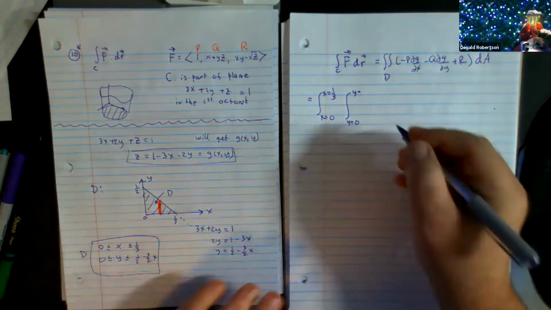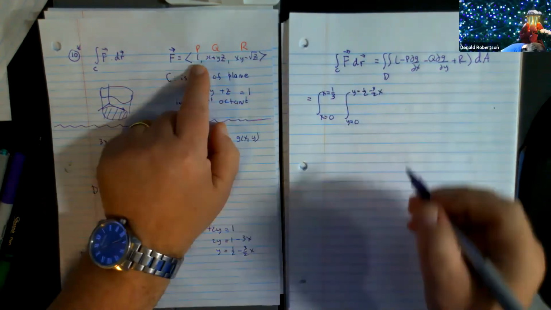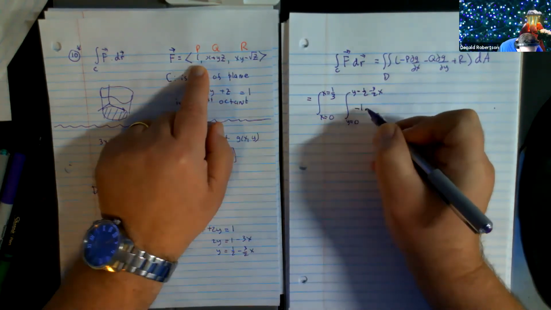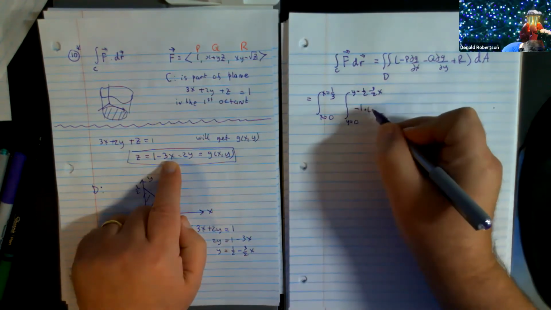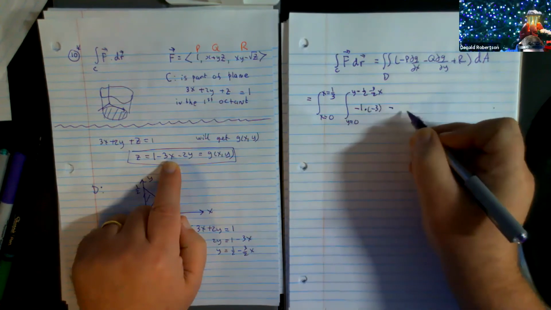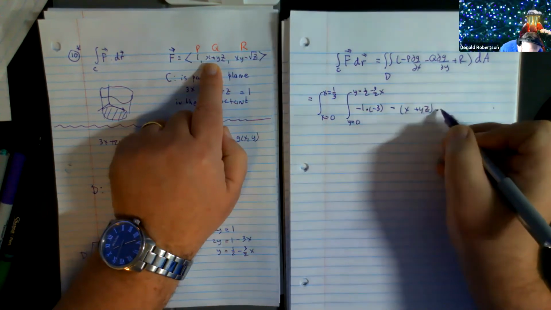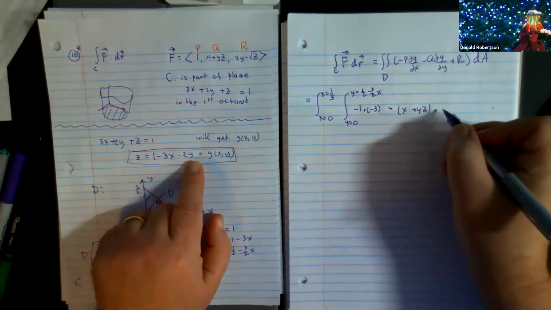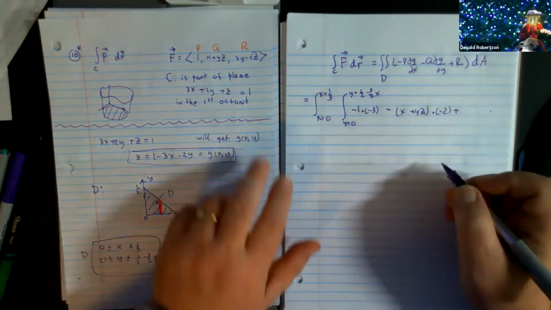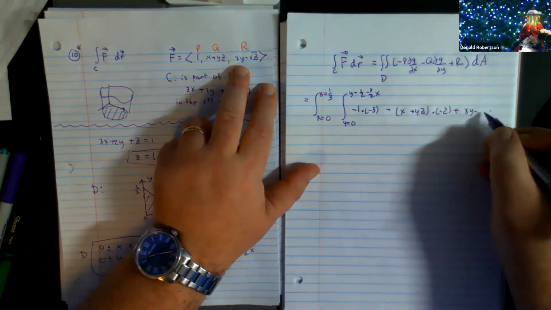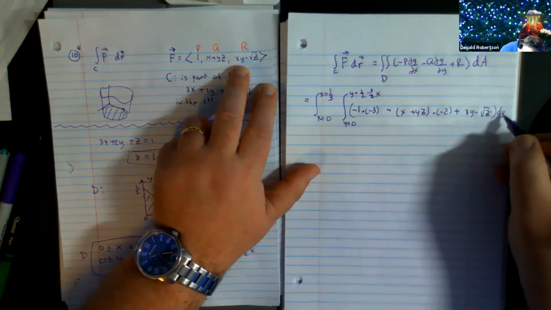So it's going to be 0 to 1/2, take away 3 upon 2x. Negative P is negative 1 times, if you differentiate this fella with respect to x, you get negative 3. Then you subtract Q, which is that fella, times derivative with respect to y is negative 2. You then add an R, which is that guy. And I'll do a dy dx.